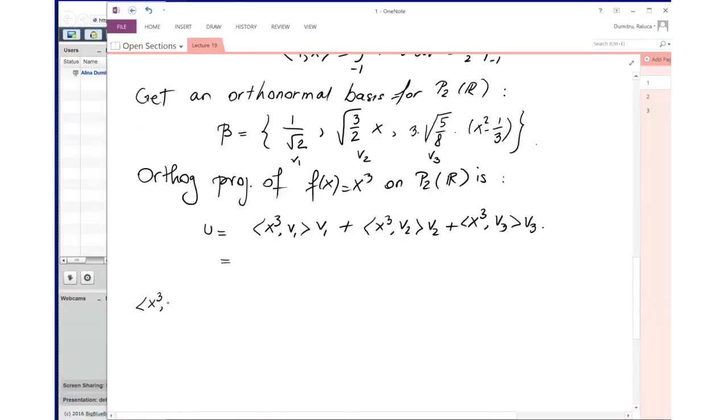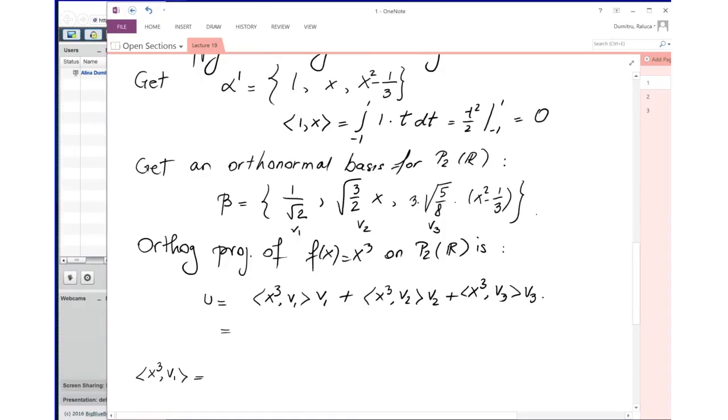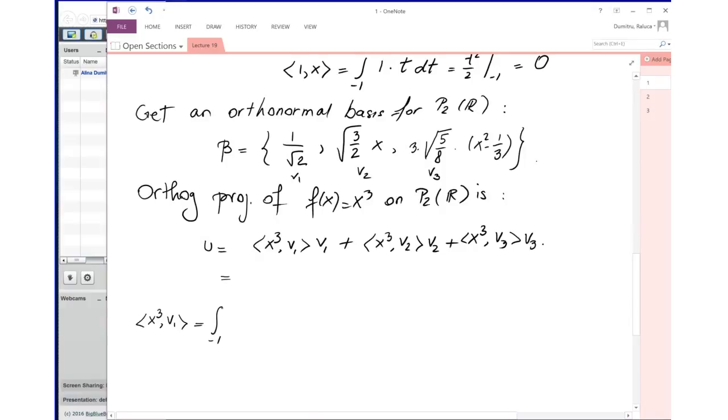It is the integral from -1 to 1 of f of t, so t cubed, times v1, which is just constant, equal to 1 over the square root of 2, dt. So t to the 4th over 4 square root of 2 between -1 and 1. Again, t cubed is in fact an odd function. The integral will end up being 0 from -1 to 1. All right, so that's nice. The first part is 0.